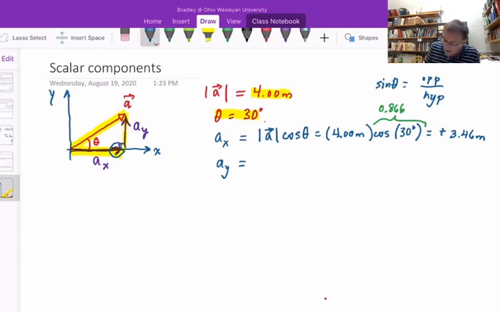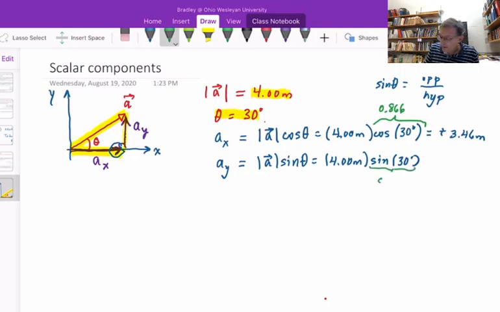So to get a sub y, I do magnitude A, hypotenuse, sine of theta. 4 meters is the magnitude of A, sine of 30 degrees. You put that in your calculator. Make sure, again, your calculator is in degree mode. And it will tell you that the sine of 30 degrees is 0.5, 1/2. 0.5 times 4 is positive 2 meters. I get another positive value. That's consistent with the fact that the arrowhead on a sub y points in the plus y direction.